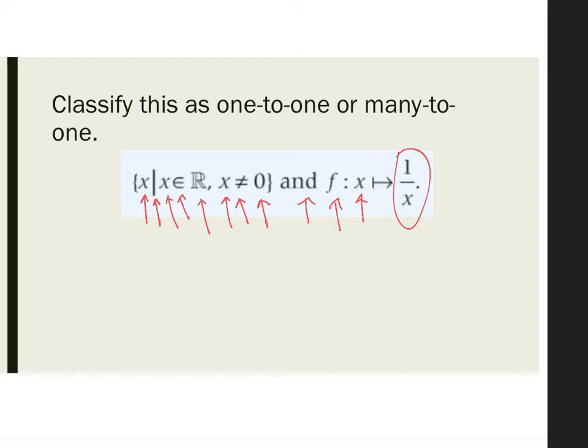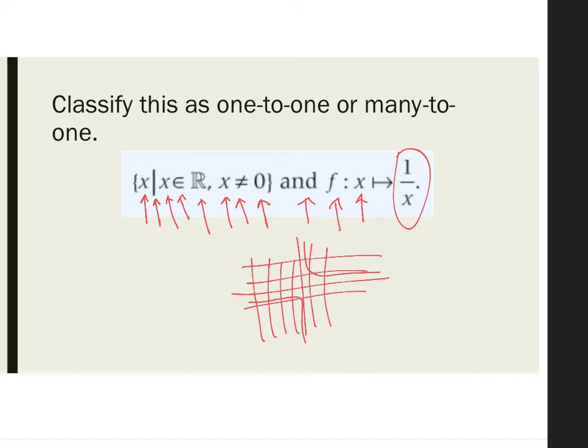When I see 1 over x, I know that it looks something like this. The original is a function, vertical line test. The inverse is a function, horizontal line test, which makes this one-to-one.